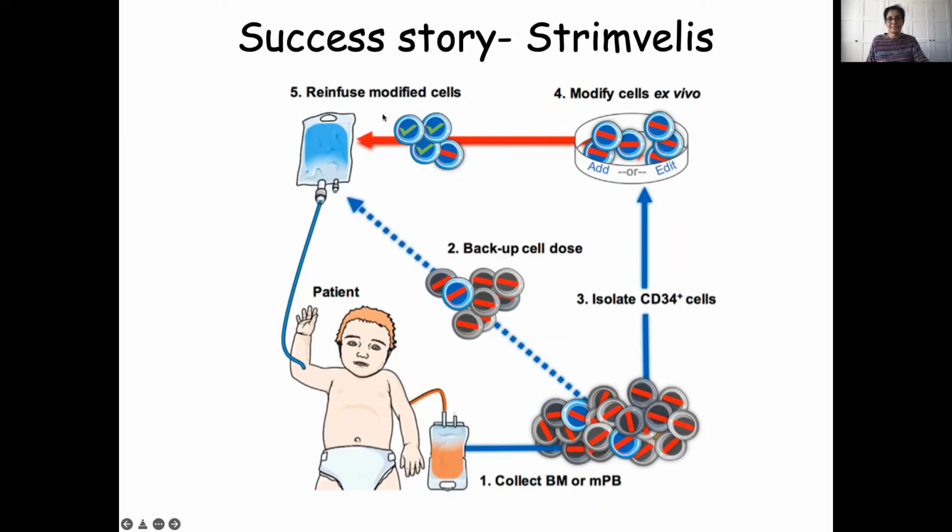And that is the success story of Strimvelis, which is an ex vivo manipulation of cells to put the adenosine deaminase back into the patient so that they can convert adenosine to inosine and these fighter cells can survive.